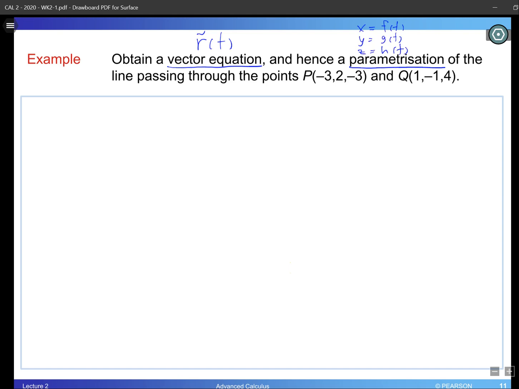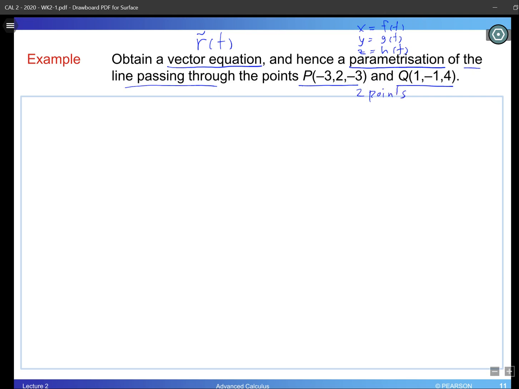So what is given to us is the line passing through a point, and not just one point, we have 2 points, P and Q. This is a little bit different than last time. In the last example, we had 1 point and a vector, but this time we have 2 points instead.